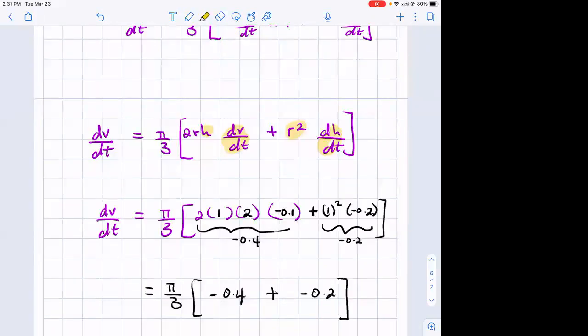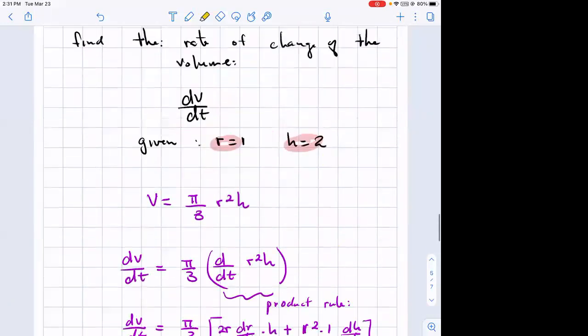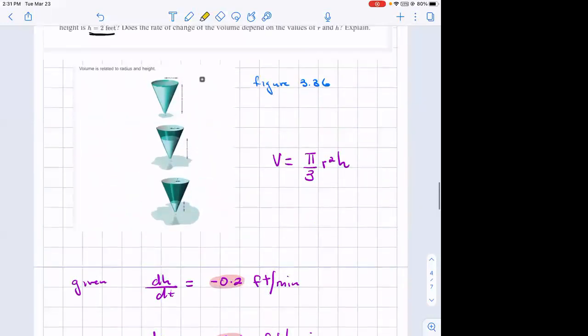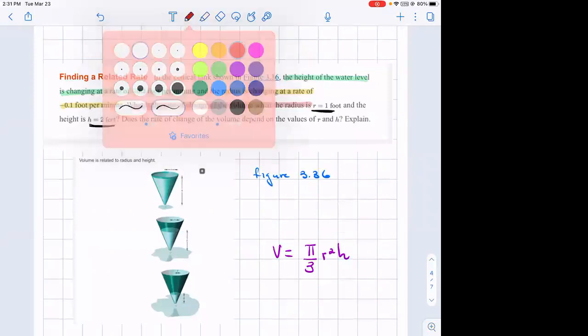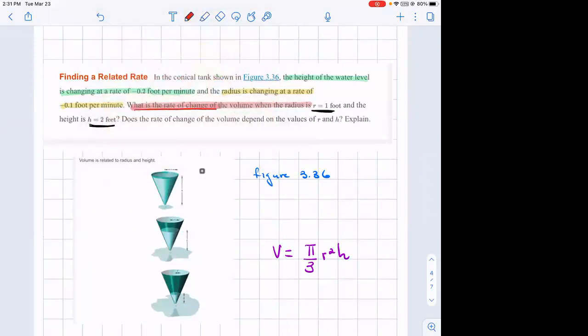The most tedious part in any one of these problems is to figure out what you have to find, right? And this is the key in this problem. You have to be able to read the problem and figure out what you have to find.